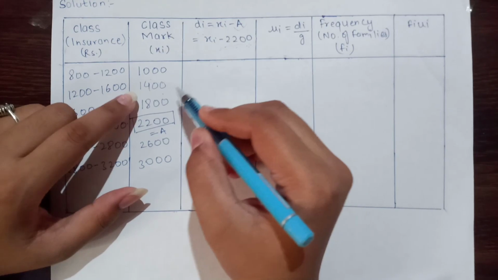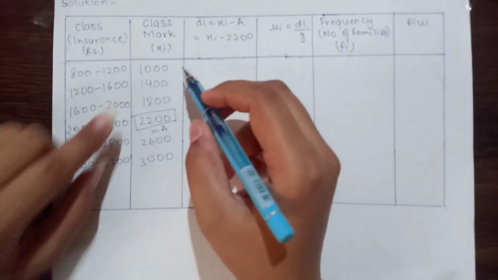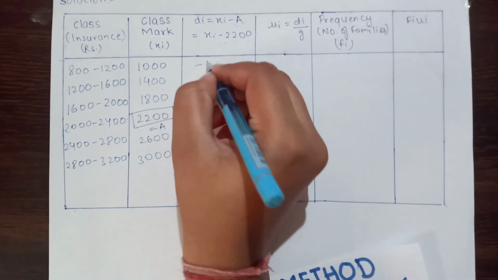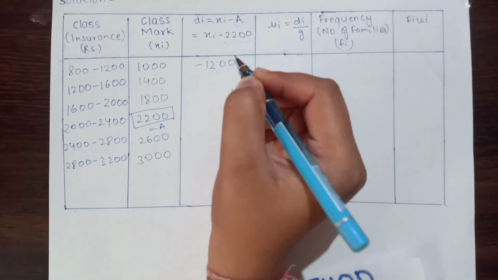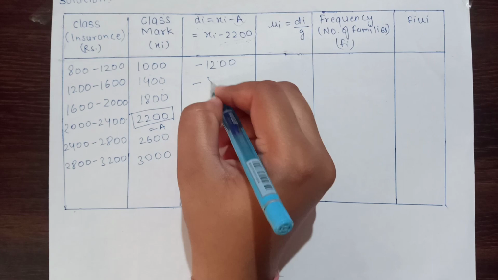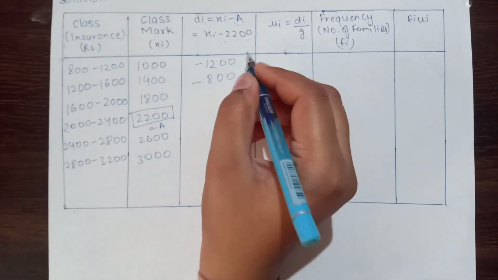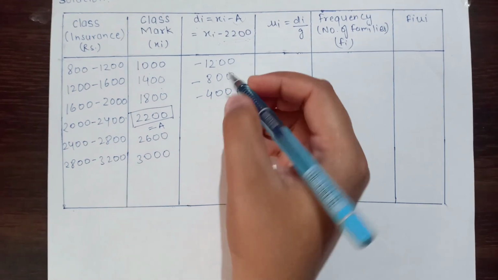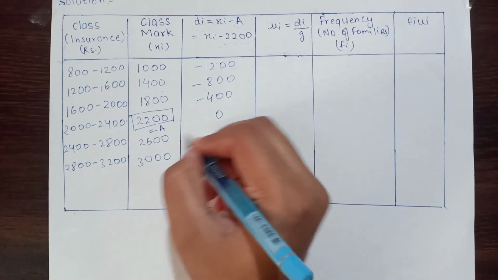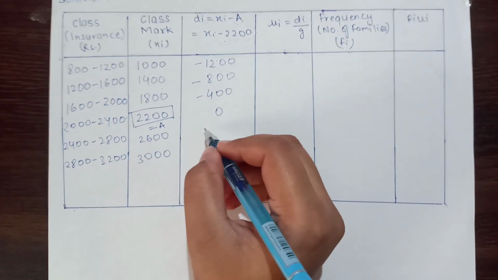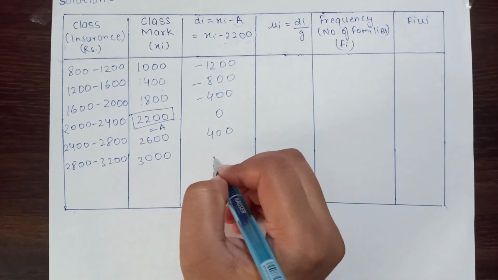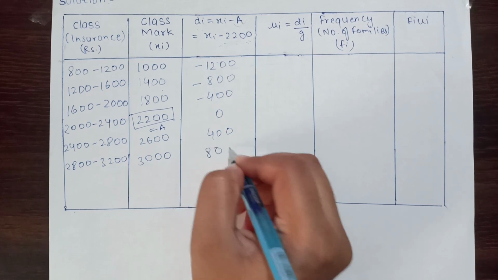Then after that the same calculation will continue. So first is 1000 minus 2200, that will be minus 1200. Next is minus 800. Then 1800 minus 2200 is minus 400. After that 0. Then 2600 minus 2200, that is 400. Then 3000 minus 2200, that is 800.